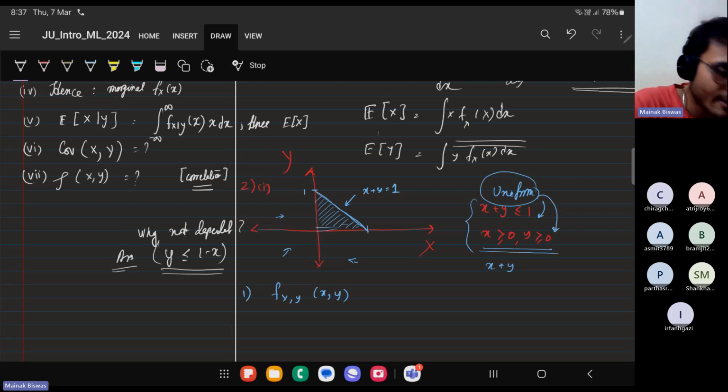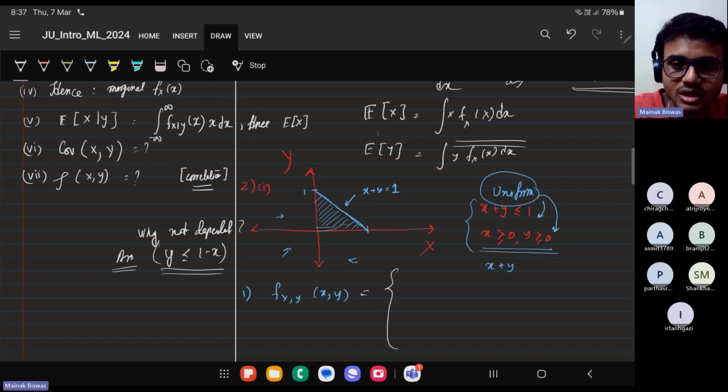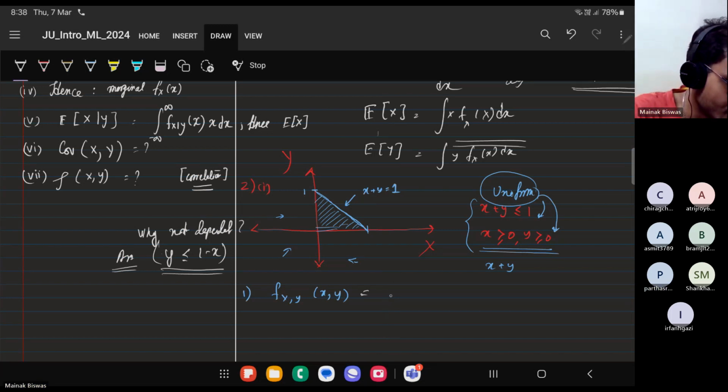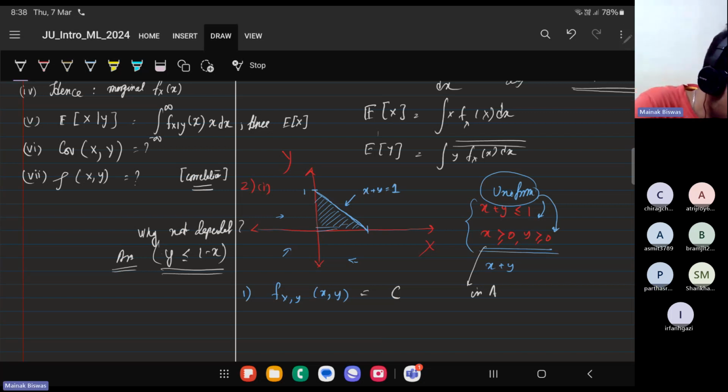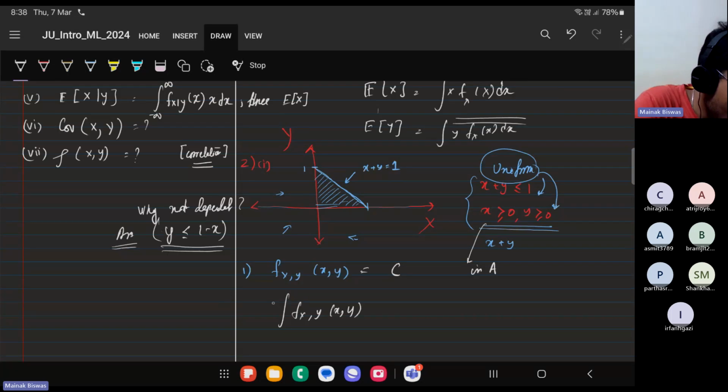So now tell me, what would the CDF or the PDF be? It is easy. We just have to calculate the area since it's uniform, and so this density is constant in this area, right? Let us define this area as A. So the integral of f_XY(x,y) over this area A, dx dy, is going to be equal to 1.